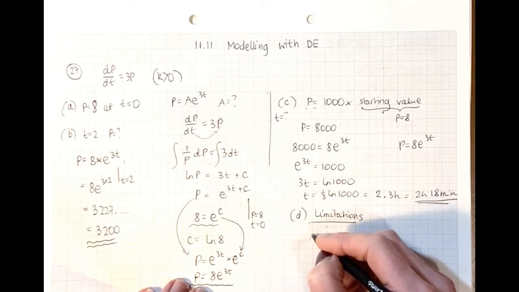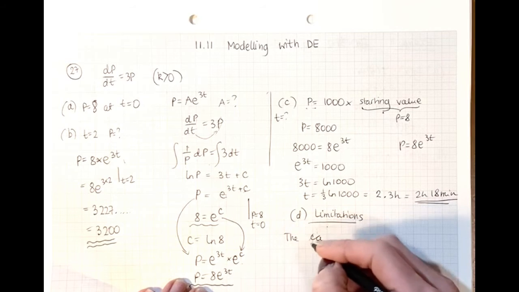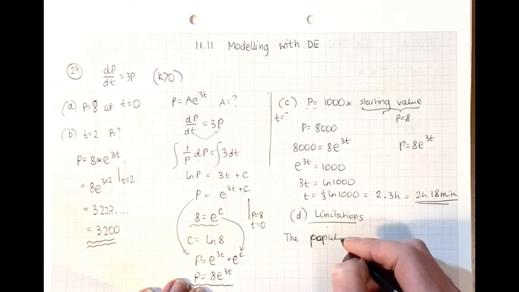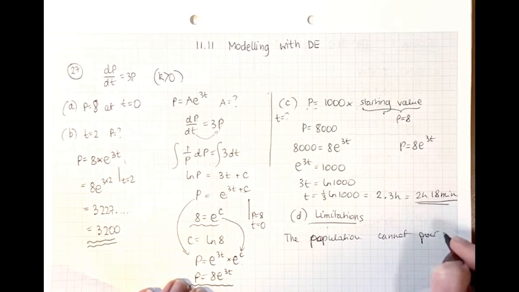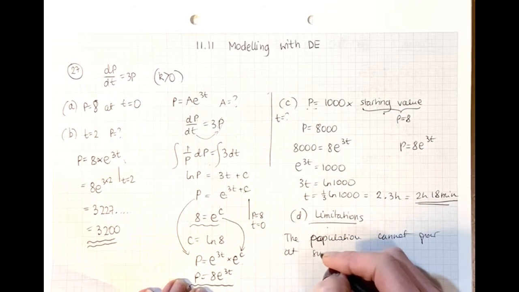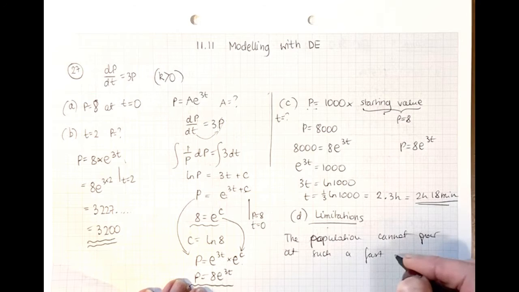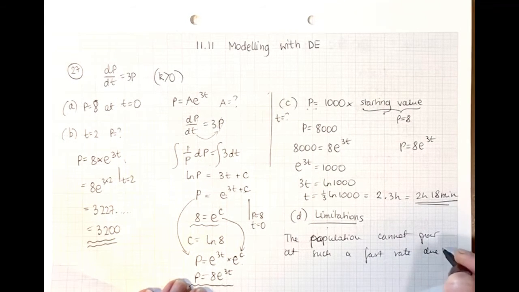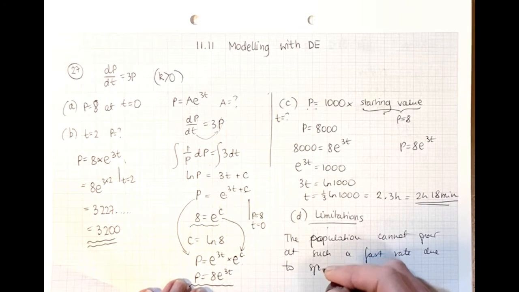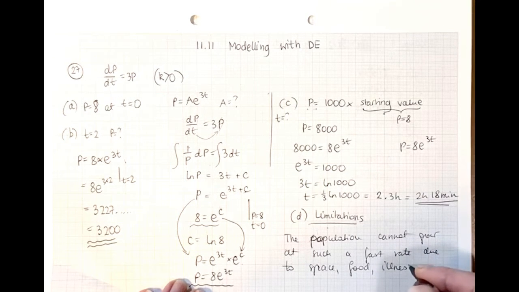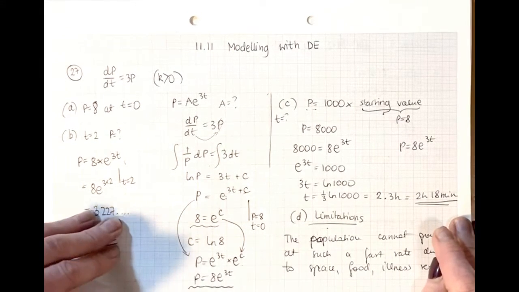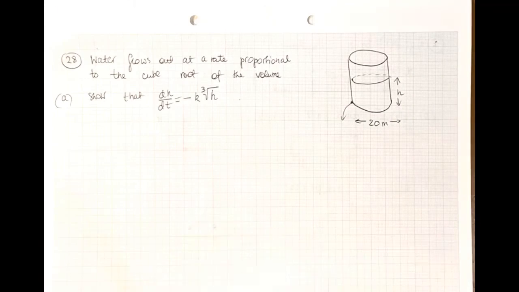So the population cannot grow at such a fast rate due to space, food, maybe illness, restrictions. There you go. Okay, moving on to example 28.